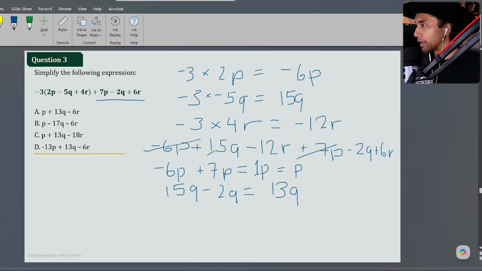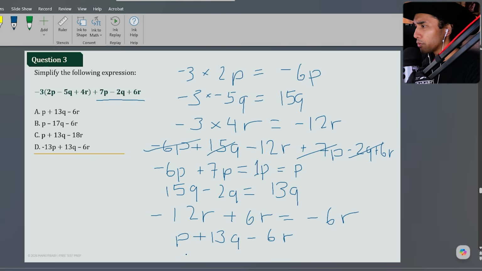And then I'm going to get rid of those, and this time I'm not going to check the answer choices. I'm just going to simplify the expression before I look. And then I go negative 12r plus 6r, and that will give me a negative 6r, giving us p, right? P plus 13q minus 6r.